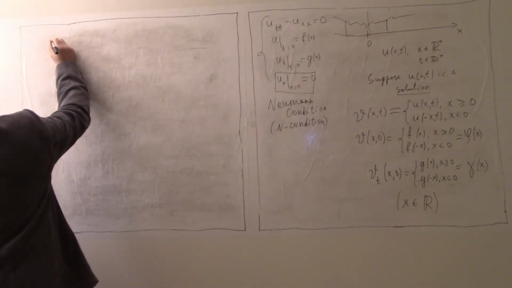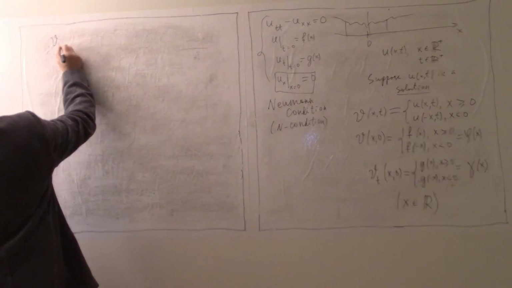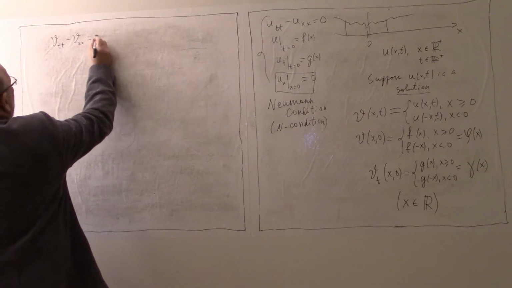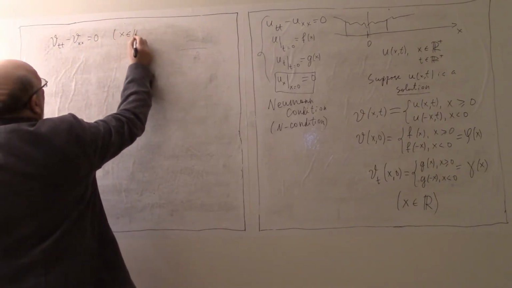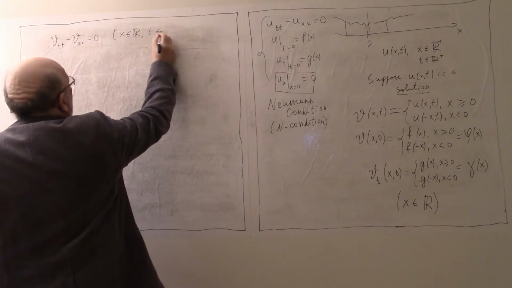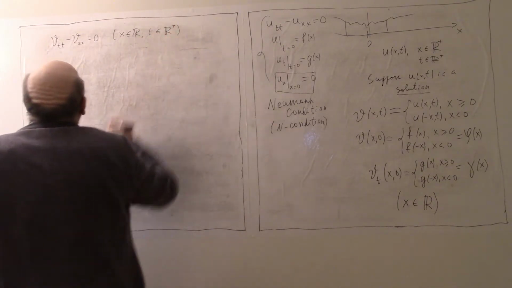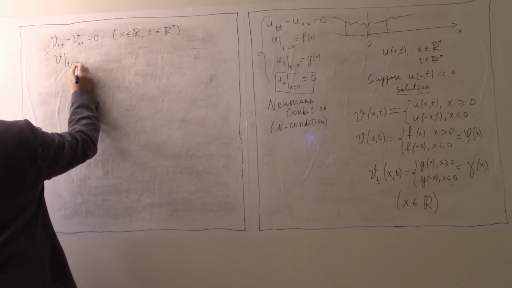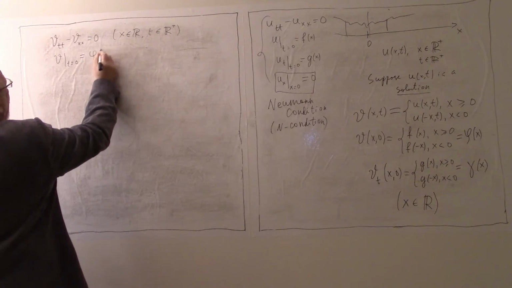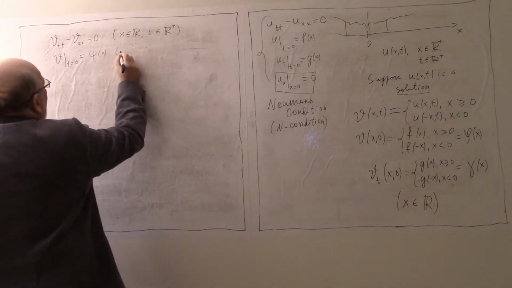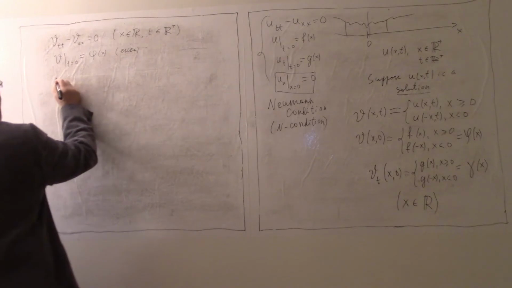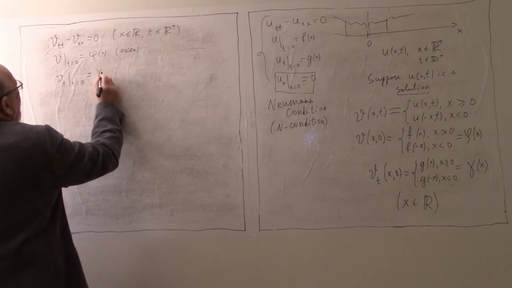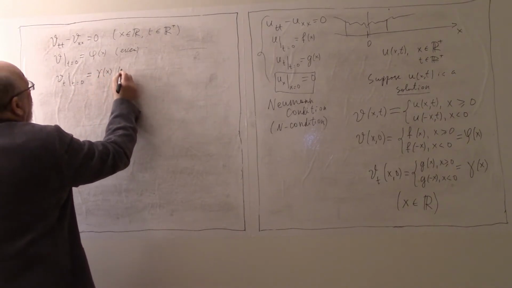So you have the problem v_tt minus v_xx is 0 when x in R, t in R plus, v for t equals 0 equals phi of x, which is even, and v_t for t equals 0 equals gamma of x, also even.